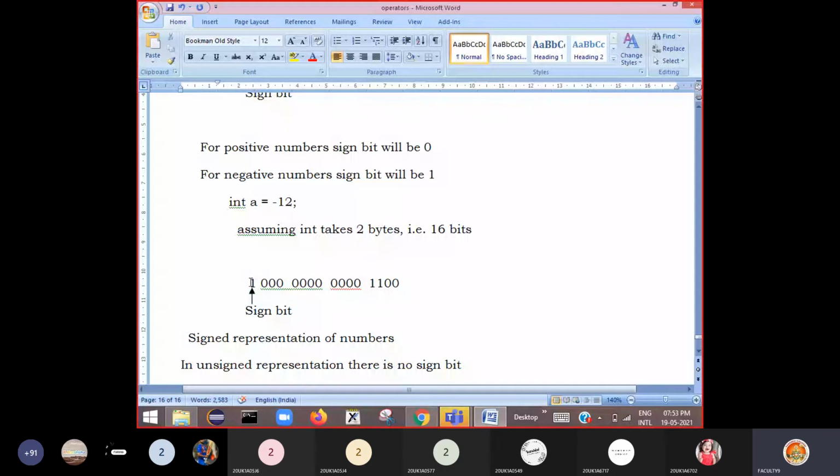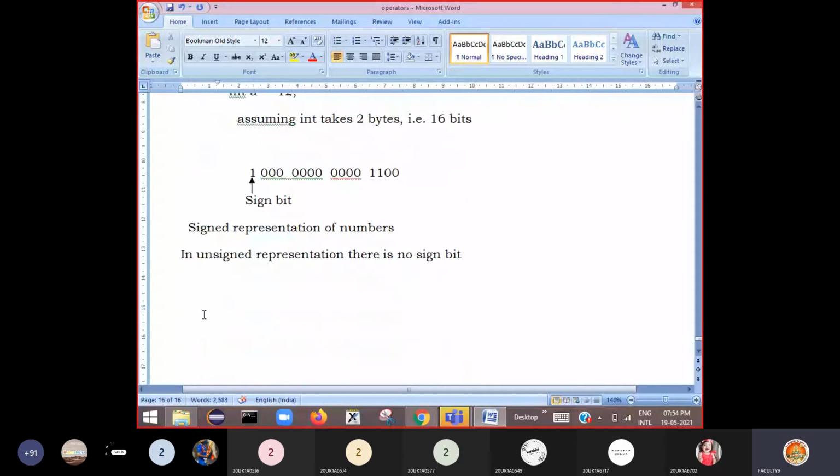In such cases, for example, consider age values. Age values are never negative, no? So in such a case you can declare a variable as an unsigned integer. There is a keyword called unsigned, so you can declare unsigned int age like this.